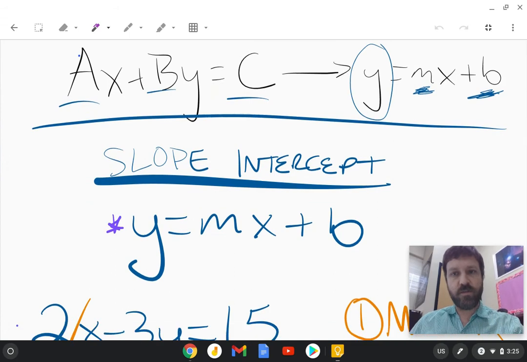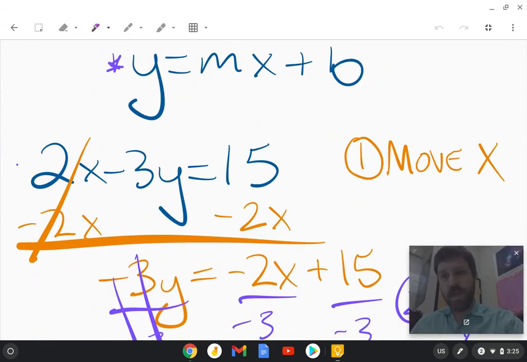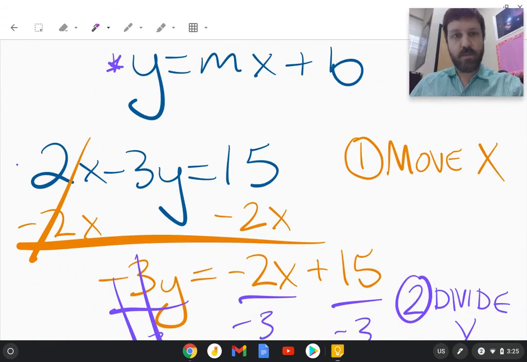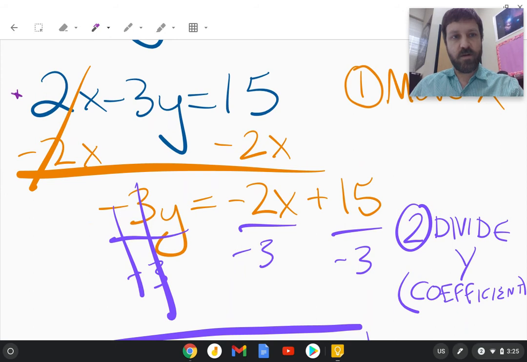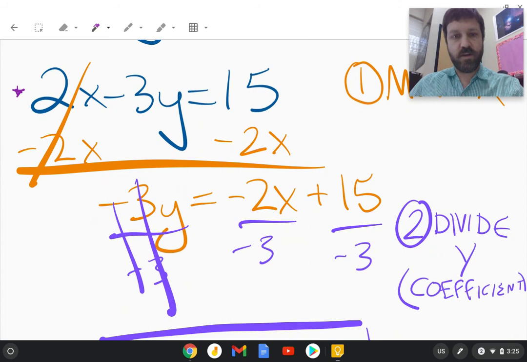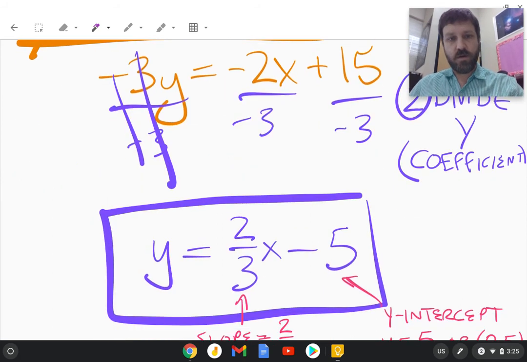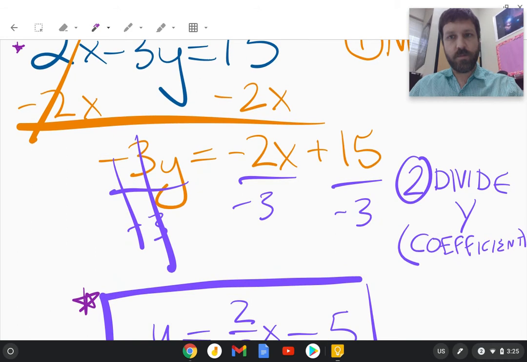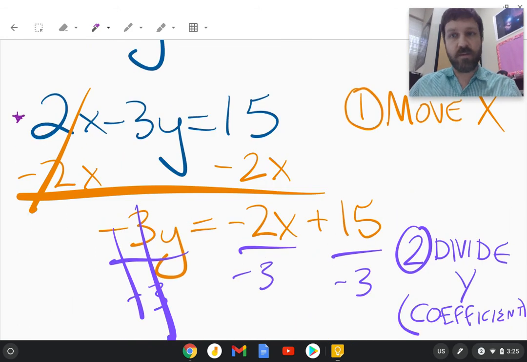To do slope-intercept form, you need to take the standard form, move the x, and then divide by the y coefficient to get it into slope-intercept form. So I'm telling you, go ahead and look back at lesson 2 for how to do that. It's the same exact process we used then.